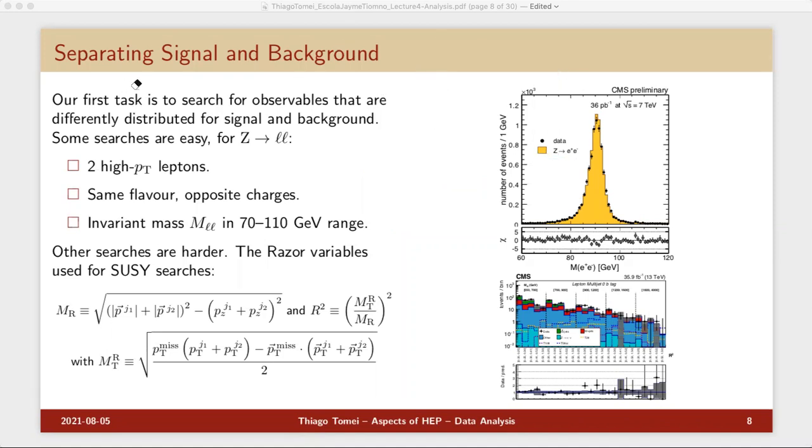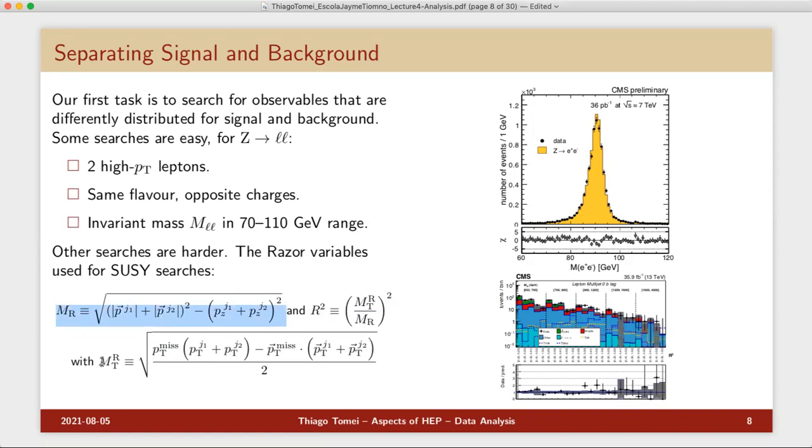Some stuff is harder. For instance, if you want to search for supersymmetry, assuming that you're searching for one given final state, for instance, supersymmetry giving you leptons and jets, you can invent these complicated variables that take the missing transverse momentum and the momenta of two jets, and make these complicated calculations here.